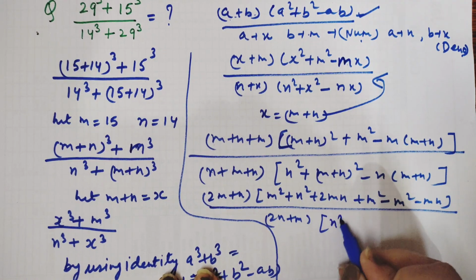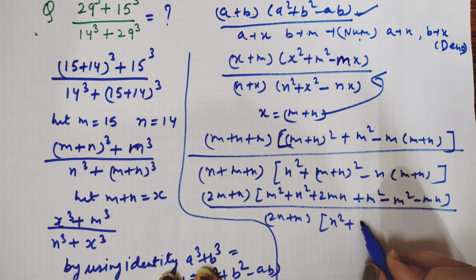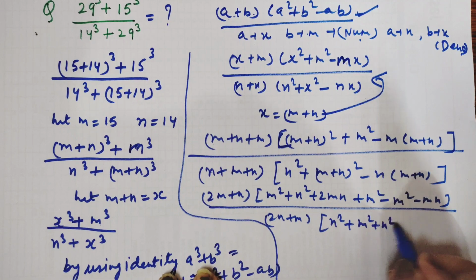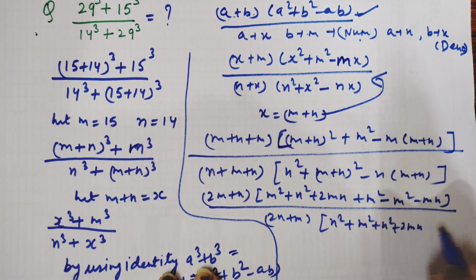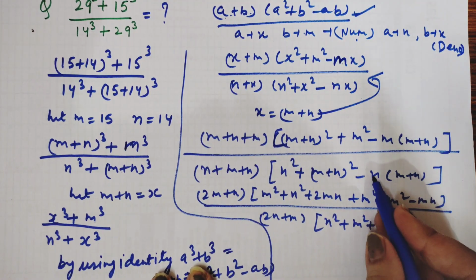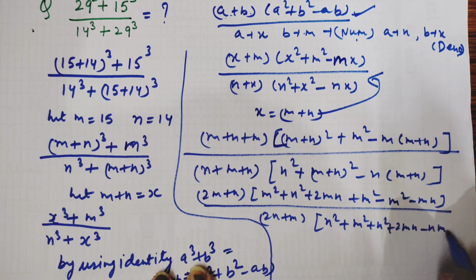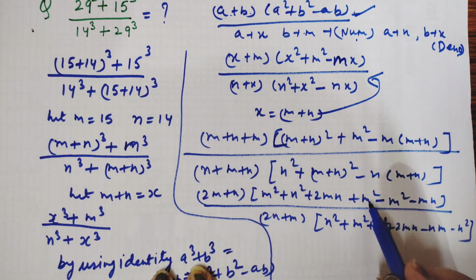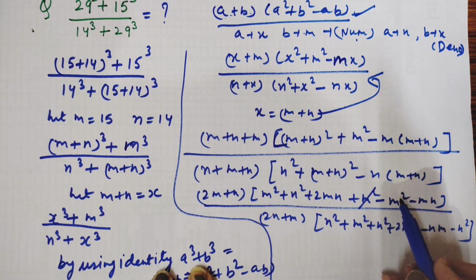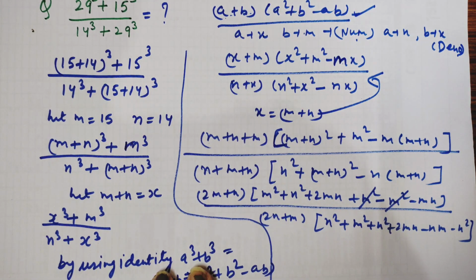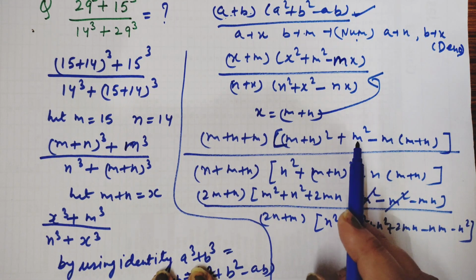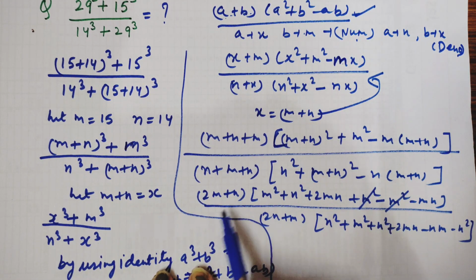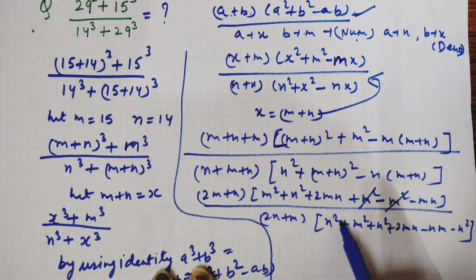Now n square, (m plus n) whole square is a square plus b square plus 2mn, minus n into m is nm, n into n is the n square. Okay, now see this m square and this m square cancel out, and here you can see n square and n square cancel out.